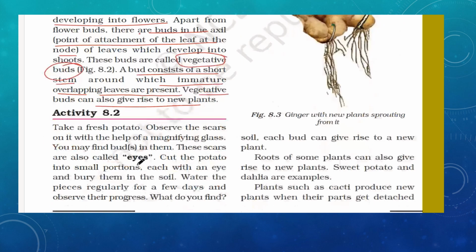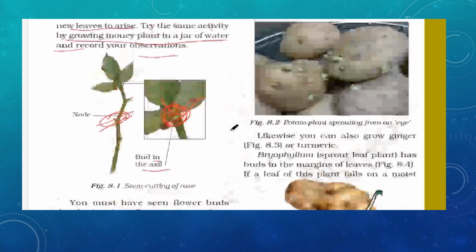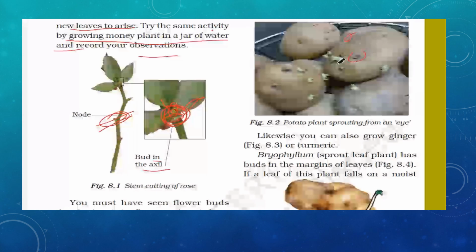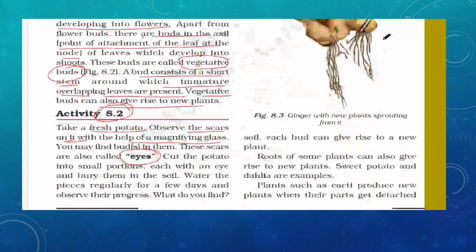Now we will move on to the next activity, where we will be dealing with the eyes which are present in a potato. In this activity 8.2, you can take a fresh potato. So you all have a potato at home. Observe the scars on it with the help of a magnifying glass. If you observe a potato, you will see certain scars like this on it. These scars are called the eyes of a potato.